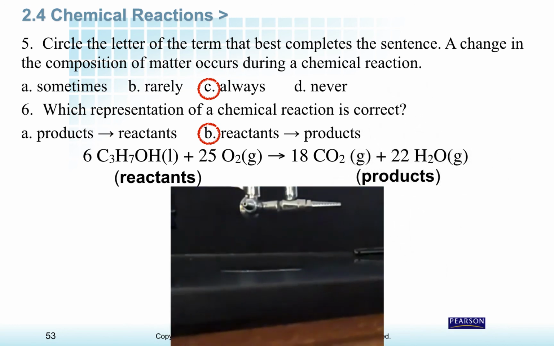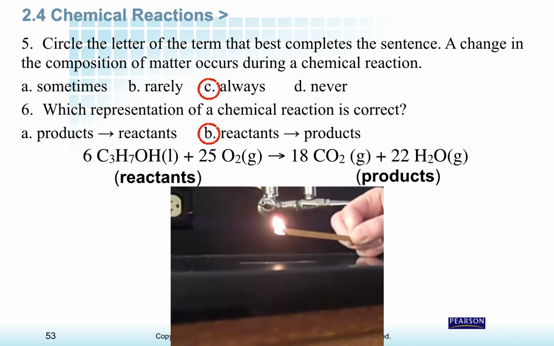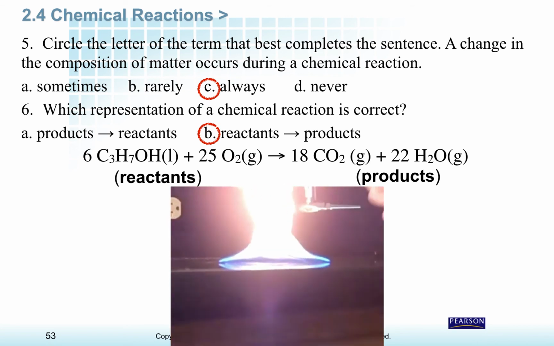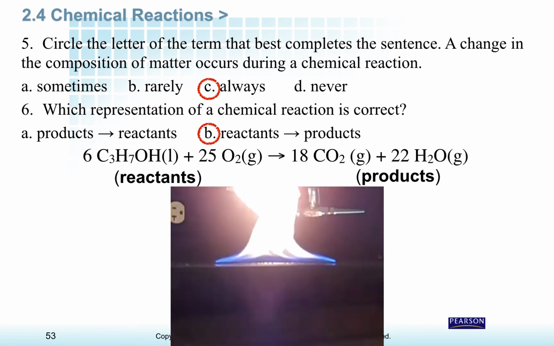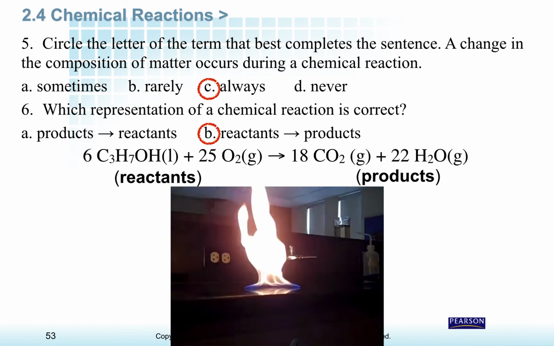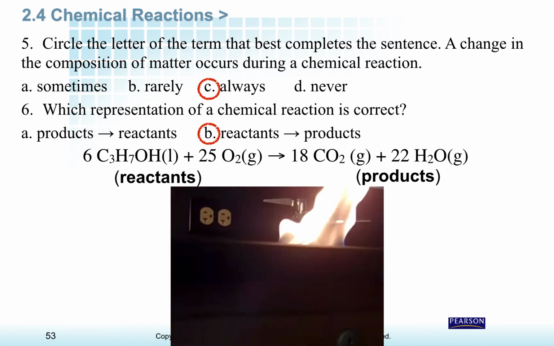The products are carbon dioxide and water. When you light the alcohol, you give it the energy to get it started, and now you're seeing the energy in the form of light. And if you were there, you'd feel the heat, and it is turning the ethanol and oxygen into carbon dioxide and water.